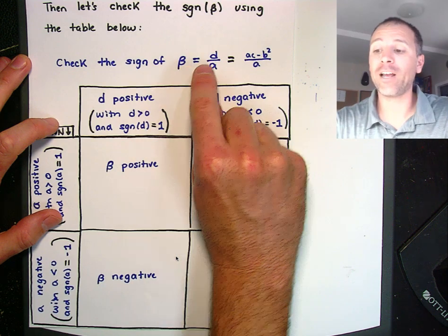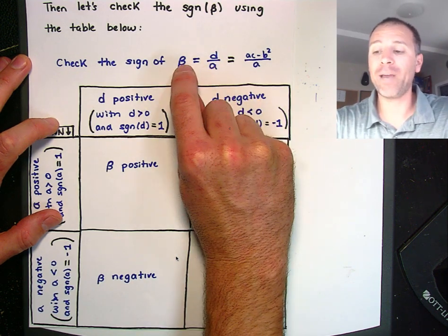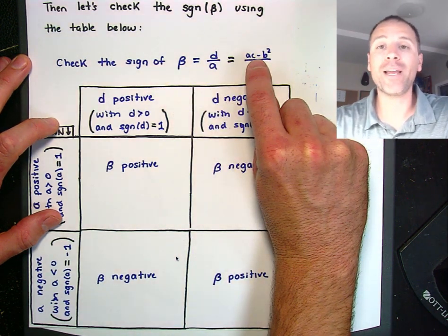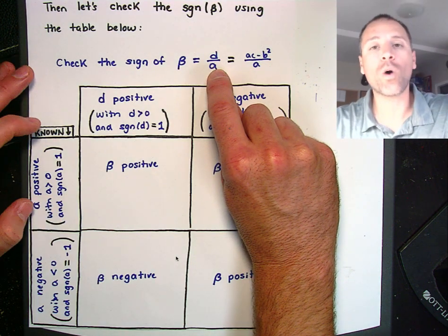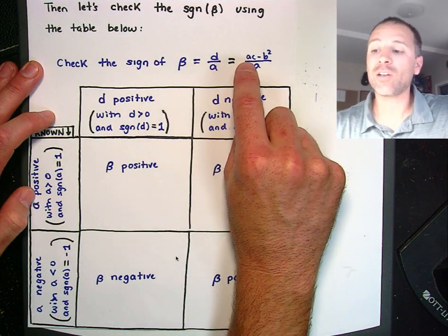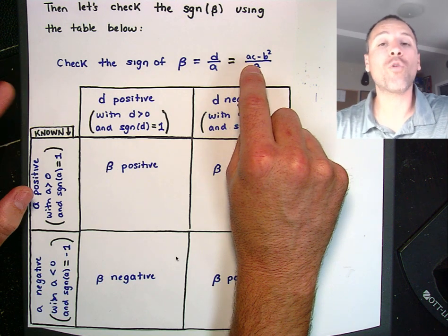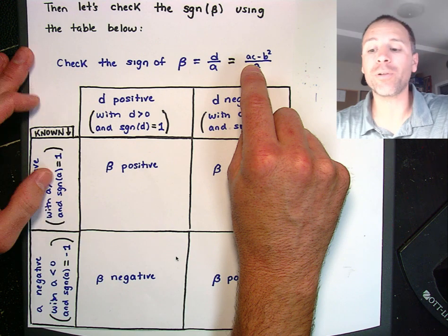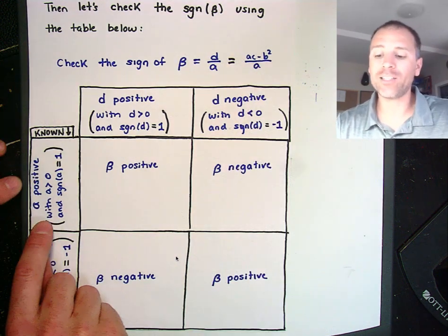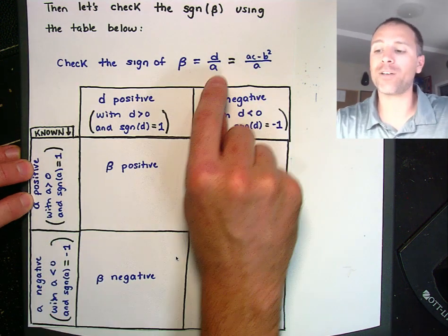Here we have scalars d, a, and beta. d is the determinant of our matrix. a is the scalar in front of the x1 term, or the entry 1,1 of our matrix. And then beta is this scalar that shows up when we transform our quadratic form into perfect square format using completing the square. But check this out. Let's assume that we actually knew that a was positive.